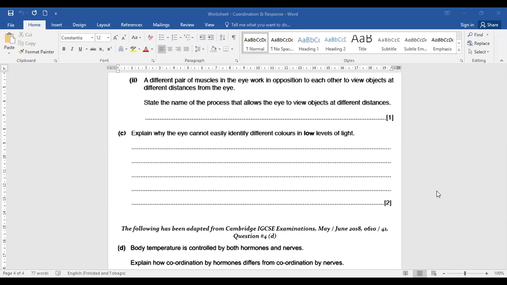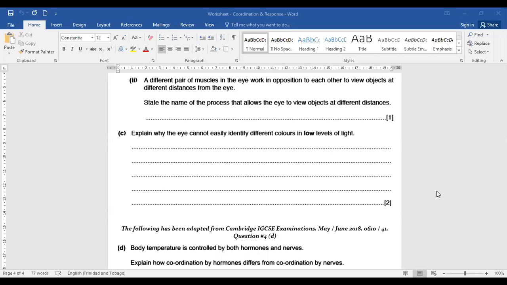It starts with A. Excellent. Accommodation, because they are accommodating the light from near and distant objects. All right. So that whole process is known as accommodation. Very good.